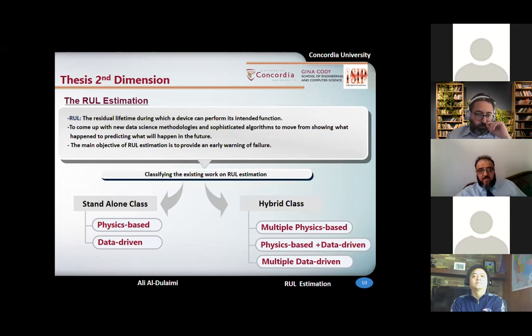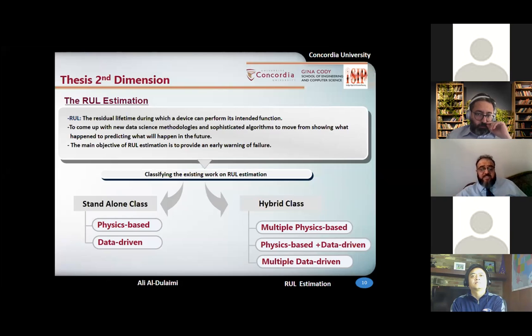So what is RUL? The RUL is the residual lifetime during which a device can perform its intended function. In other words, the device can work properly without any repair or replacement.